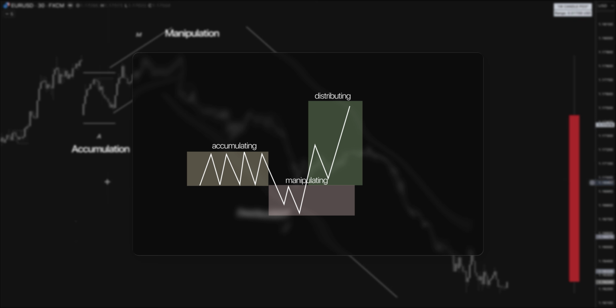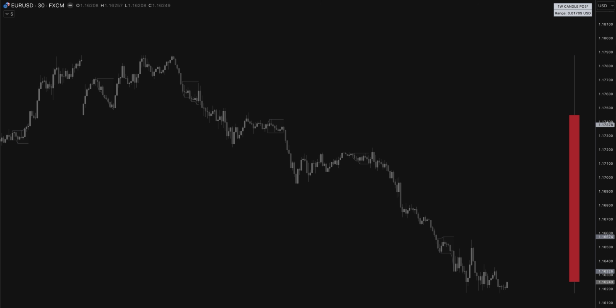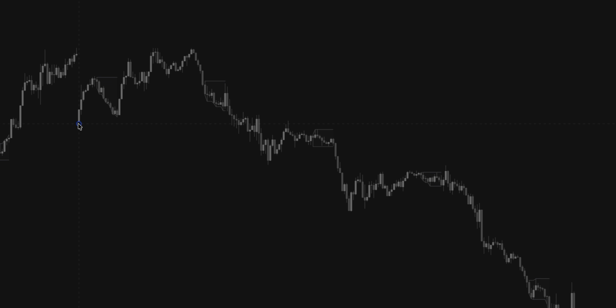So you already know this pattern if you've watched any of my other videos. But if we combine this with power of 3, it becomes more powerful because now you're adding the concept of time into it. When we use timing, we're looking at price from the open of the week, which is on Monday, and we can look at it up until London session. So that's where it opened.